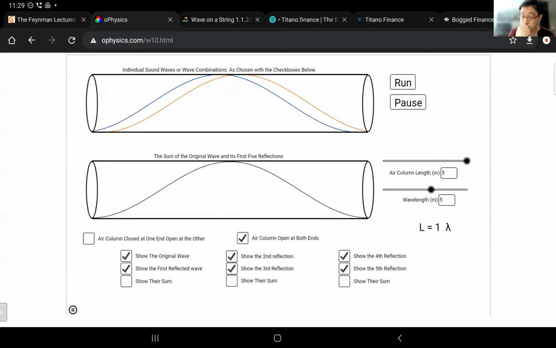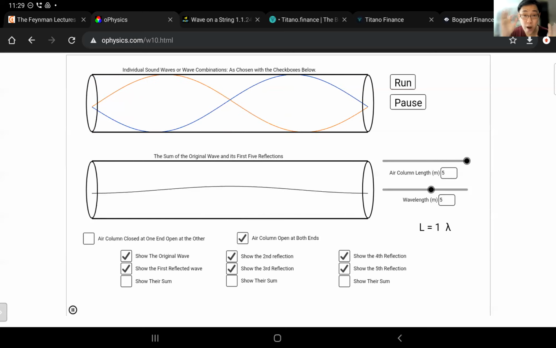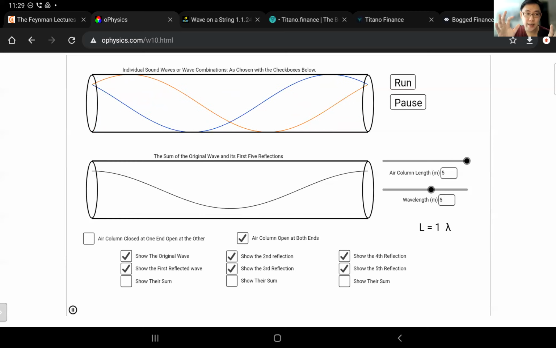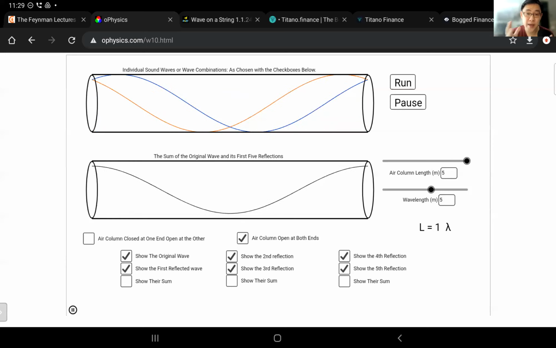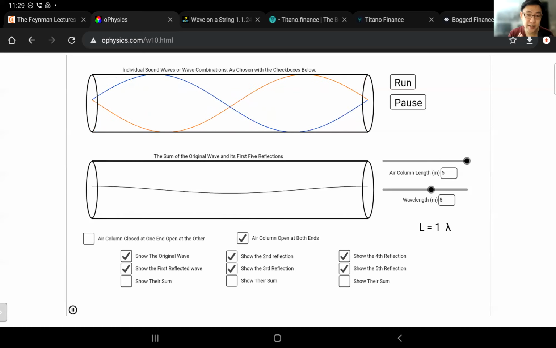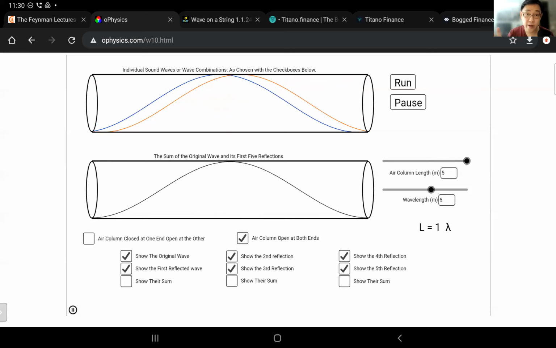So the condition that we're going to impose on this one is going to be different, but the way you approach it is going to be exactly the same. So all you care about is making sure that you fit the condition of this air column. And once you have that, everything else will follow.